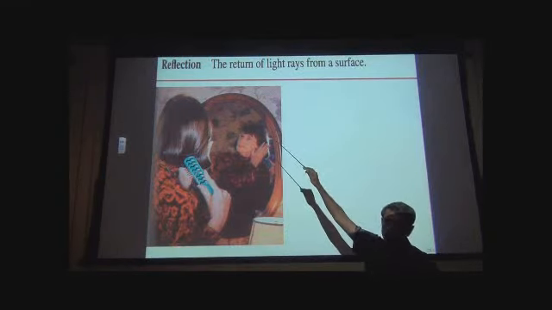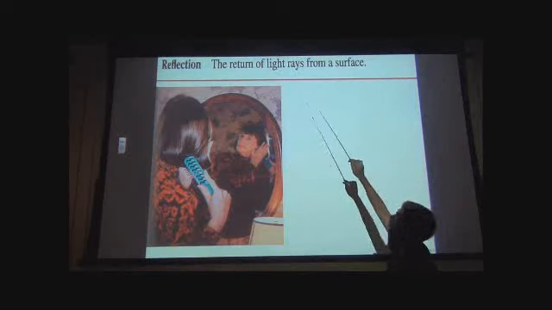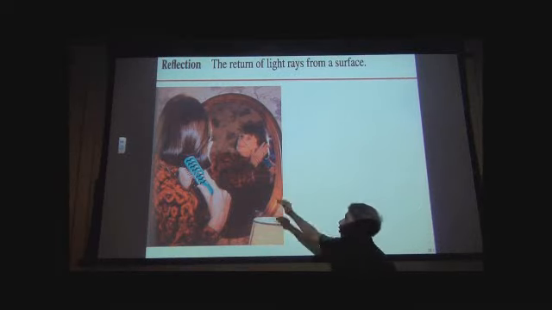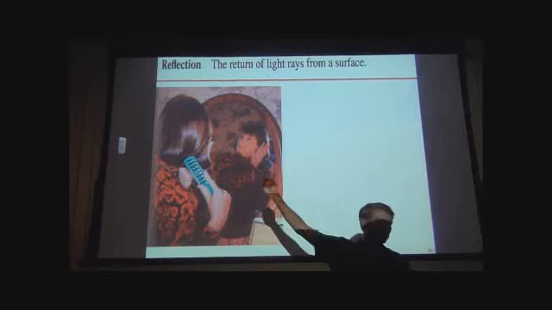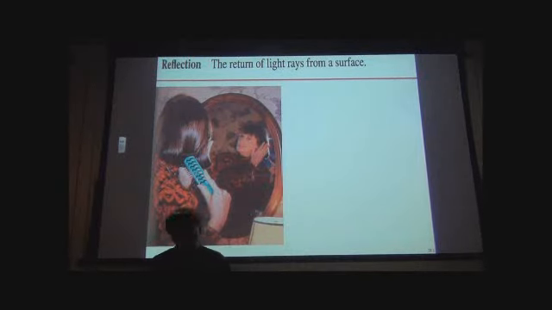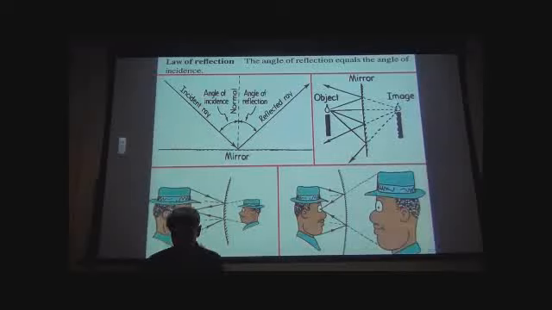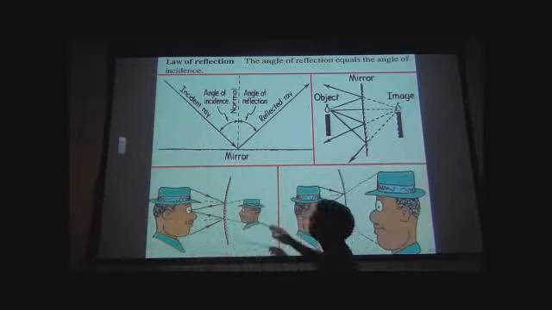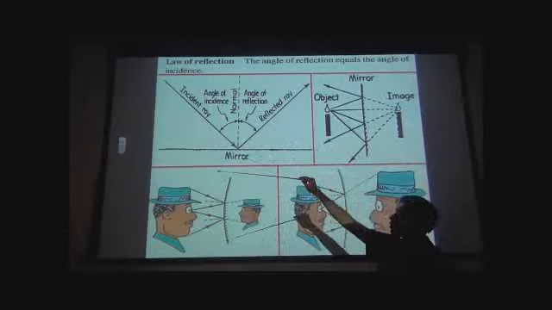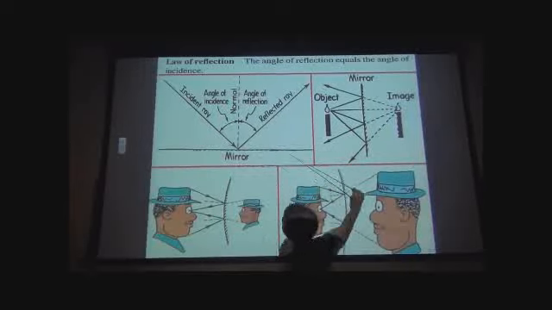Now, reflection, you all know what the phenomenon of reflection is. It's a return of light rays from a surface. So light from her face goes to the mirror and reflects back to her eyes. And that process is what creates what we call a reflection, at least her reflection in the mirror. So the law of reflection states that the angle of reflection is equal to the angle of incidence. So here is the mirror.